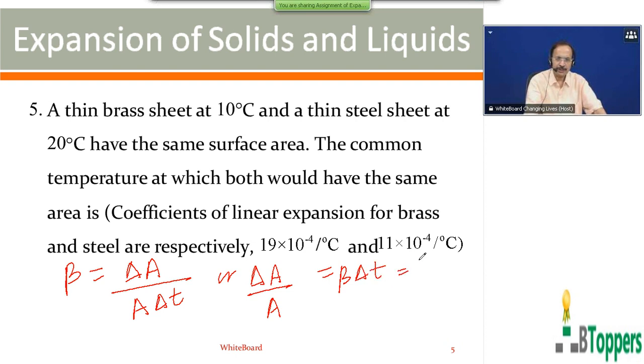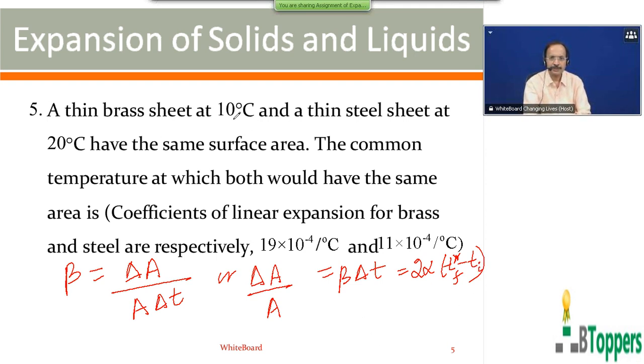So this beta you can write nearly as 2 alpha. Change in temperature you can write as T' minus T. T' is the final temperature, T is the initial temperature. Or you can write T final minus T initial.